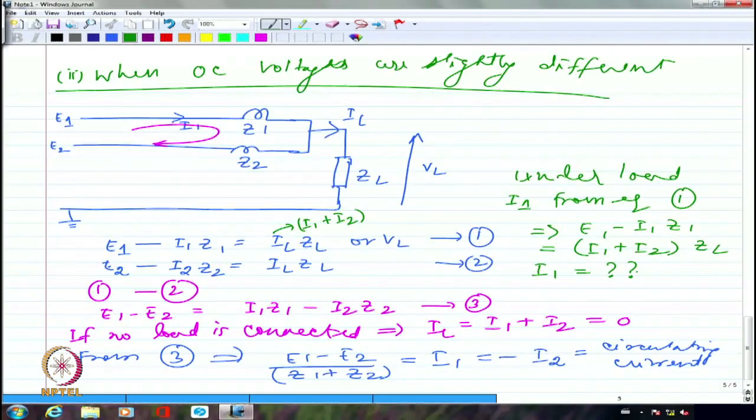Not a big deal. You can write it in terms of Z1, Z2, ZL and I2. All of them, right? So you will eliminate I1 from this expression by substituting this I1 into equation 2. Some arithmetic, jugglery, that's all. So you are essentially going to do some algebraic jugglery and then get an expression for I1 separately and I2 separately. That will give you directly how the loads are shared.